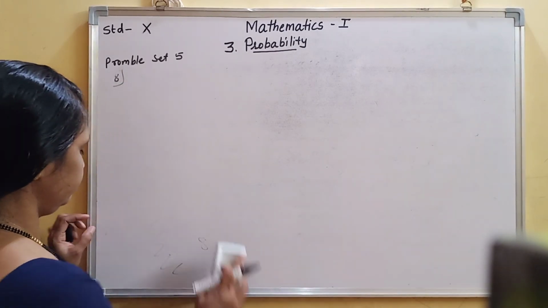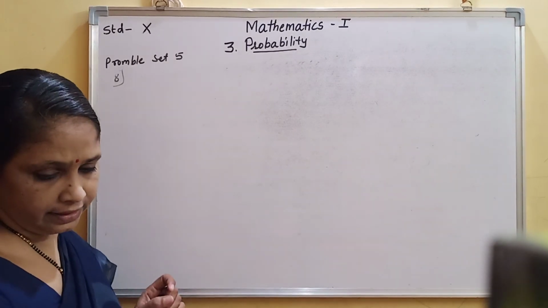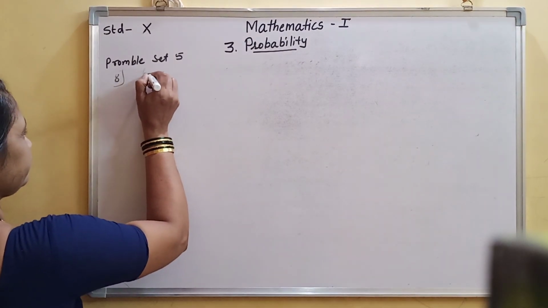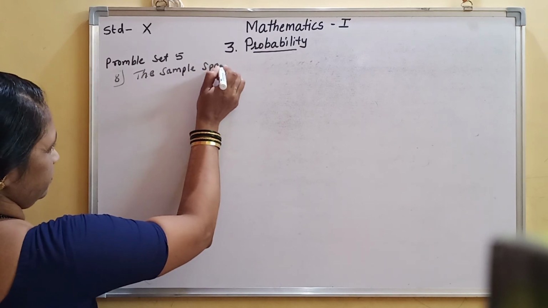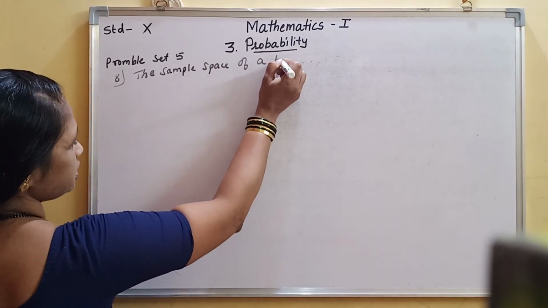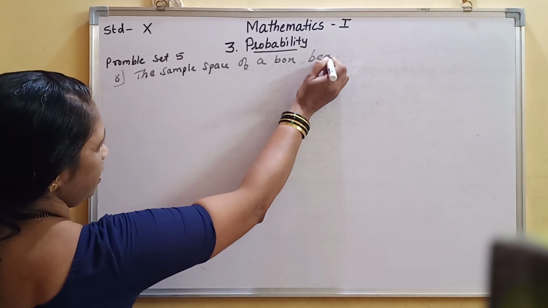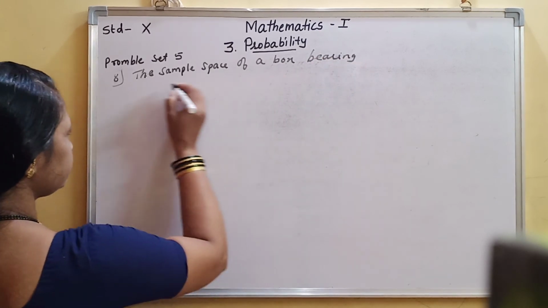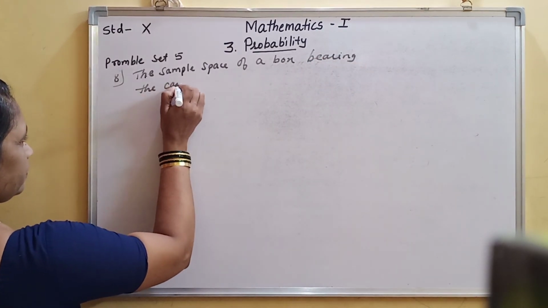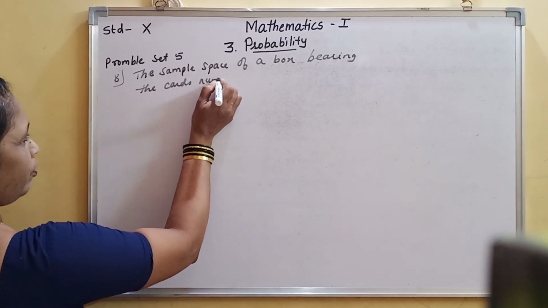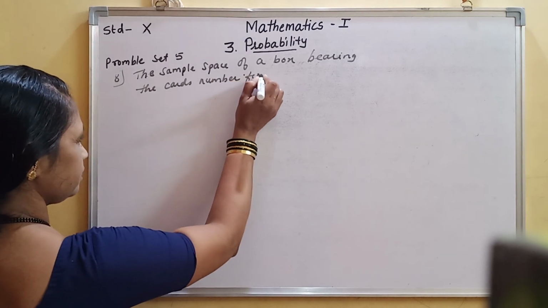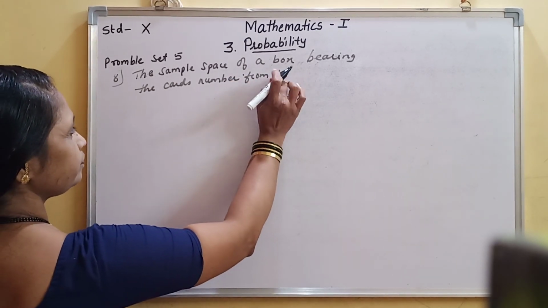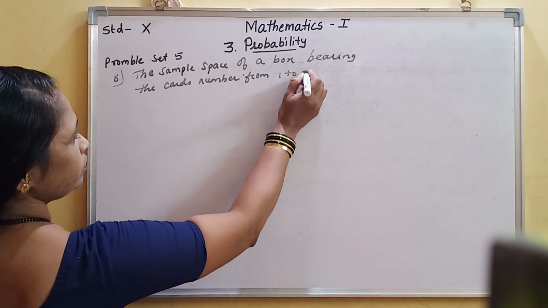Question number 8. The sample space of a box bearing the cards numbered from 1 to 30.